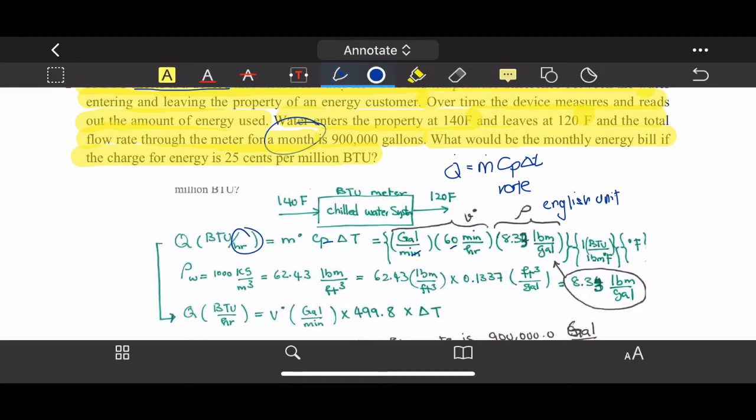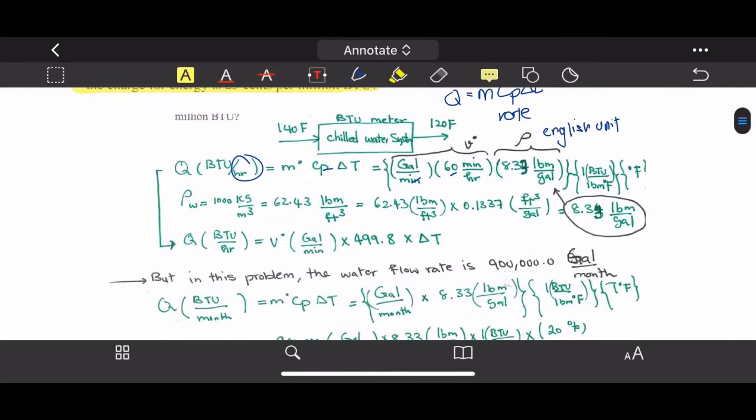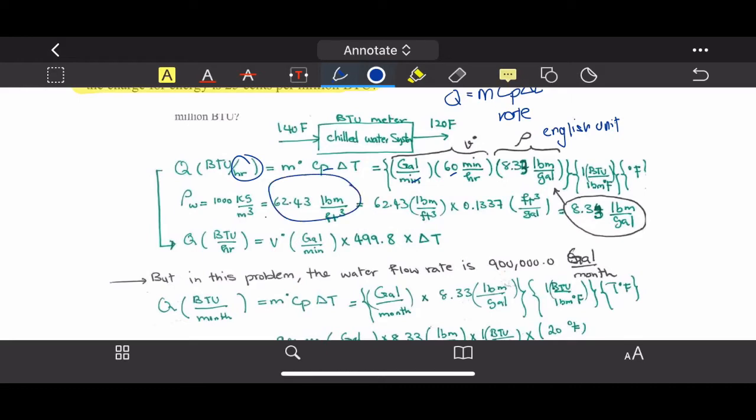Now, rho is given there, right? As you can see here, because we want it in pound mass per gallon, we must first know the density of water in SI unit if it's not given, and then you can convert to this. This one usually is already given. This one is lbm over ft cubed, or pound mass per feet cube.